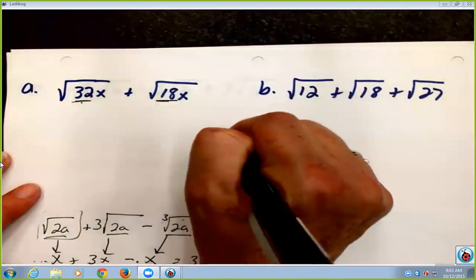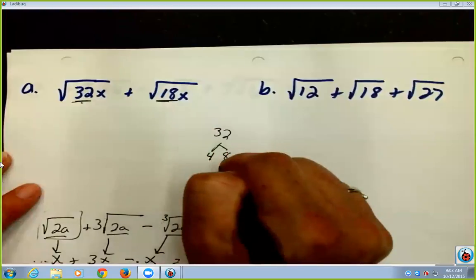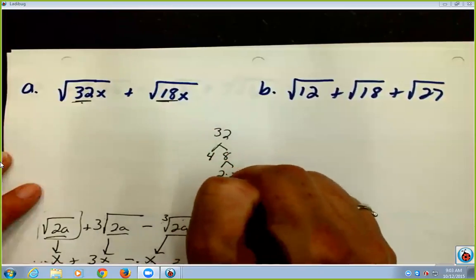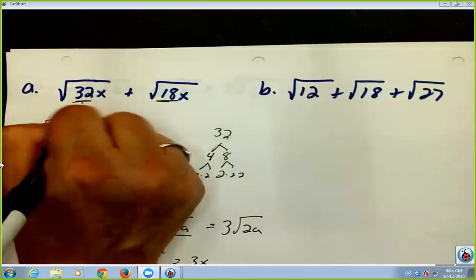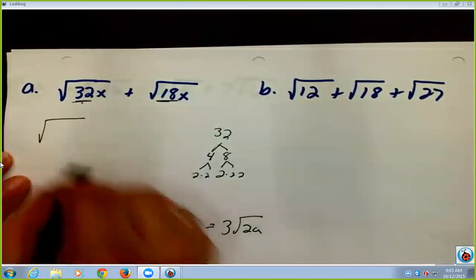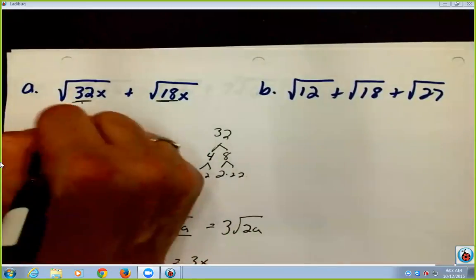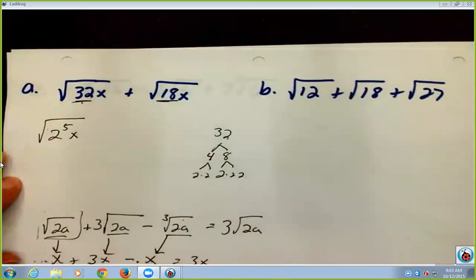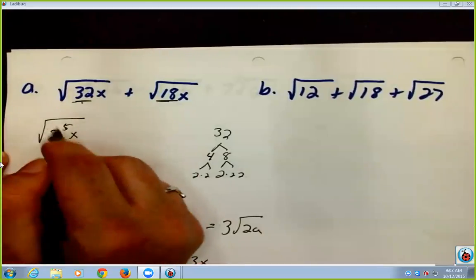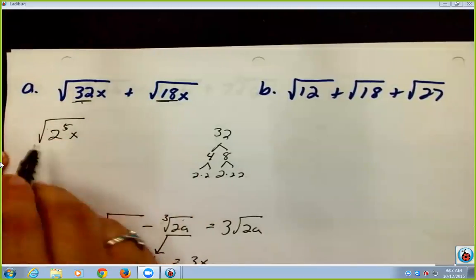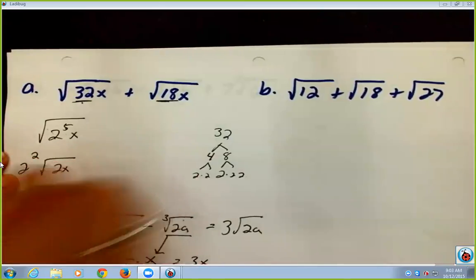So if we take 32 and we break it to 4 times 8, 8 breaks down to 2 times 2 times 2, and 4 breaks down to 2 times 2. We know under this 32 we really have 2 to the 5th power with an x. That means the index is 2, so I can pull out 2 to the 2nd power, and leaving underneath here a 2x. We all agree?